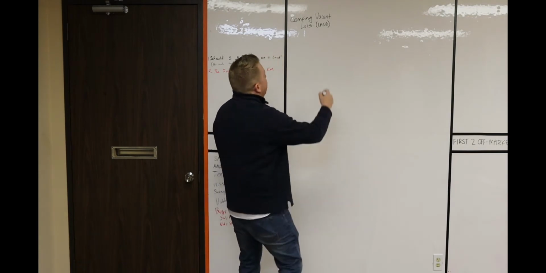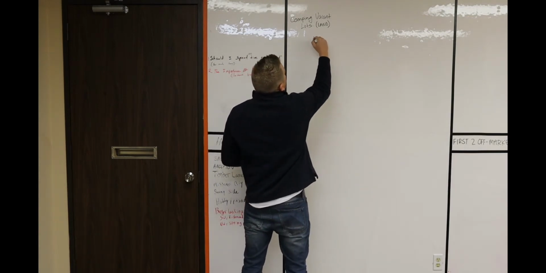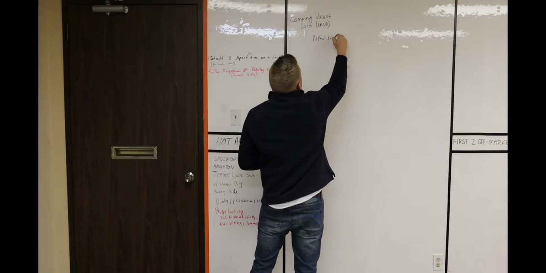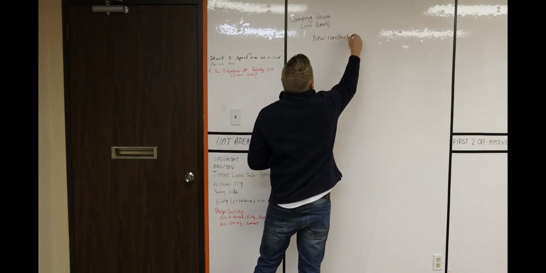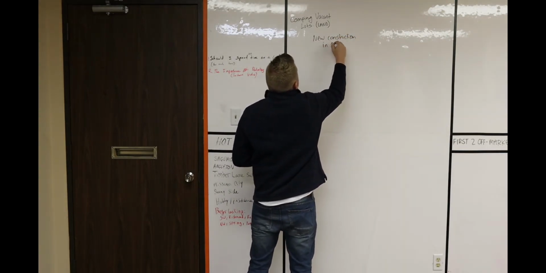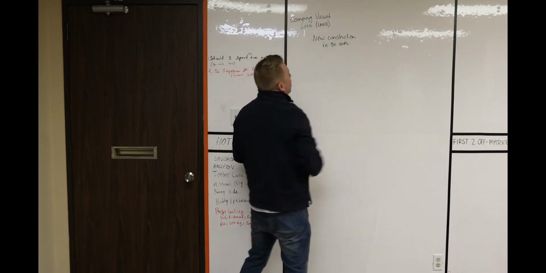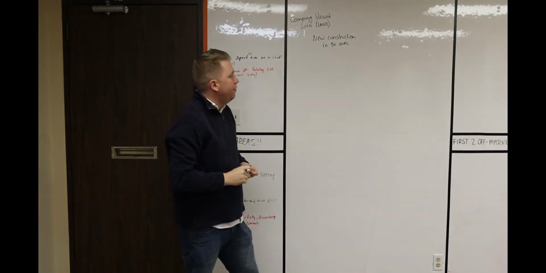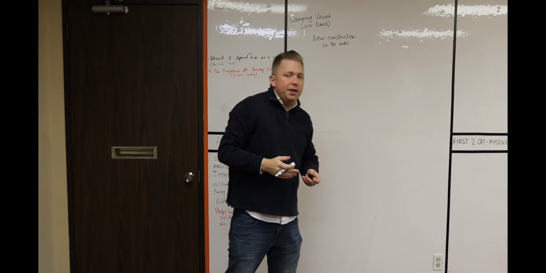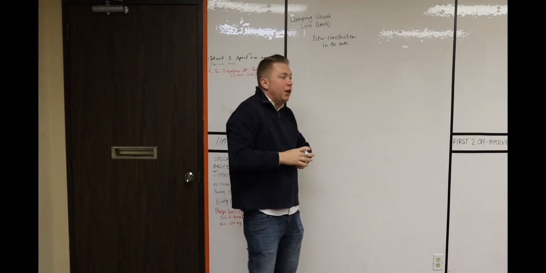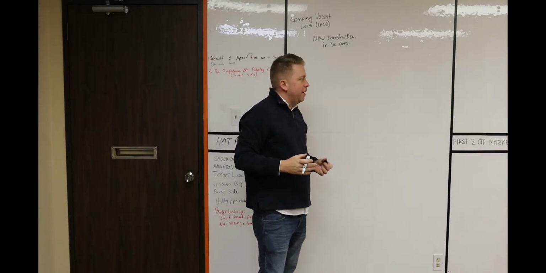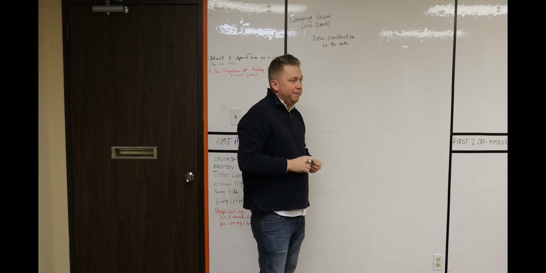So one of those is, is there any other new construction in the area, right? So what does that relate to? If you have a piece of land and you're looking around and there's literally nothing developed, it's not going to be very easy to come up with the value, right?